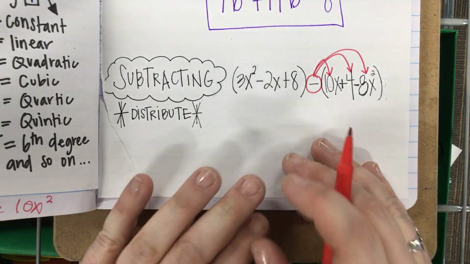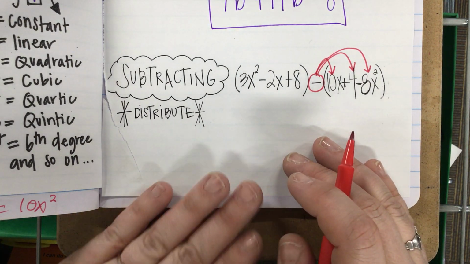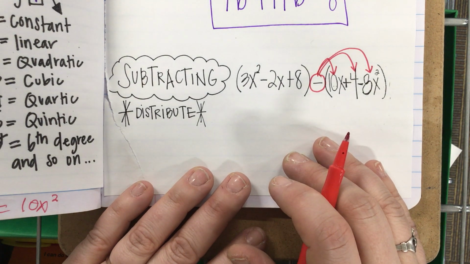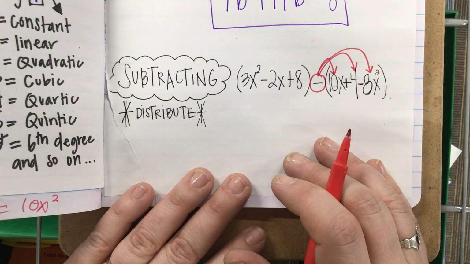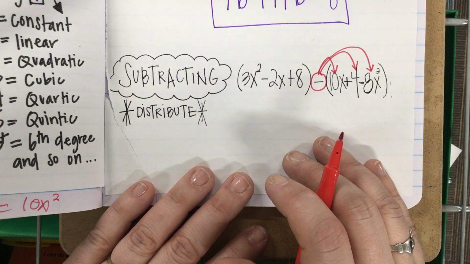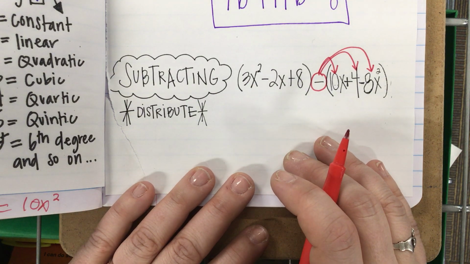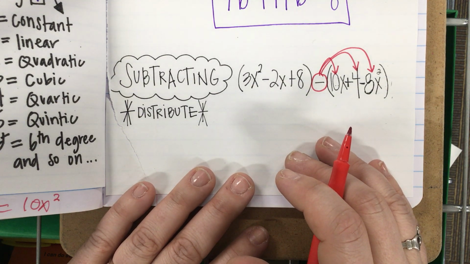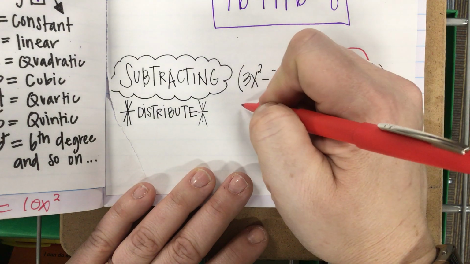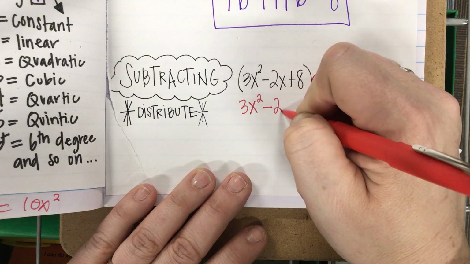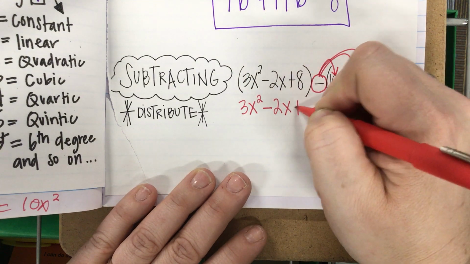Now I'm going to tell you this. I think it's easier, especially as you're beginning. Maybe by the end of our practice today, you won't have to do it. But I'm telling you right now, in the beginning, rewriting the problem won't kill you. 3x squared minus 2x plus 8.